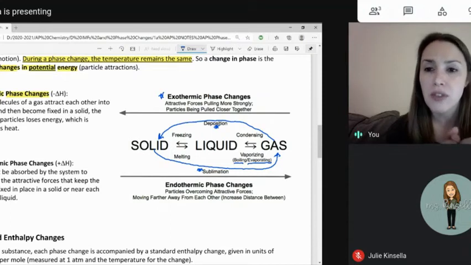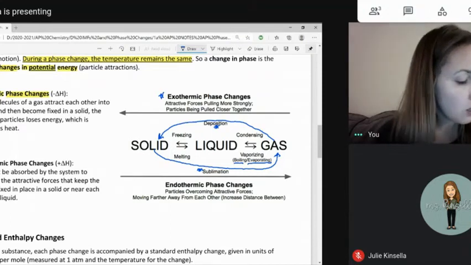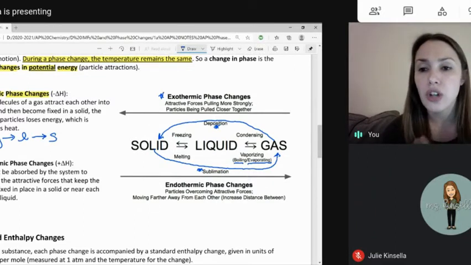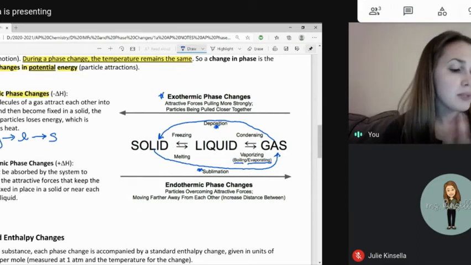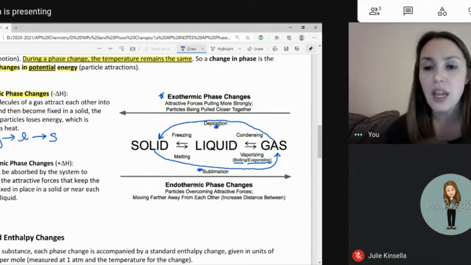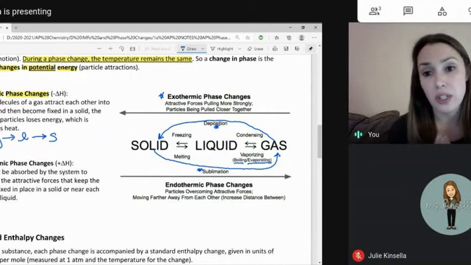So exothermic phase changes are going to be when you have a gas going to a liquid, going to a solid. Those are all your exothermic phase changes. So condensing, freezing, deposition. Because again, heat's going to leave the material, and then the particles' attractions are going to pull them back together or closer together.